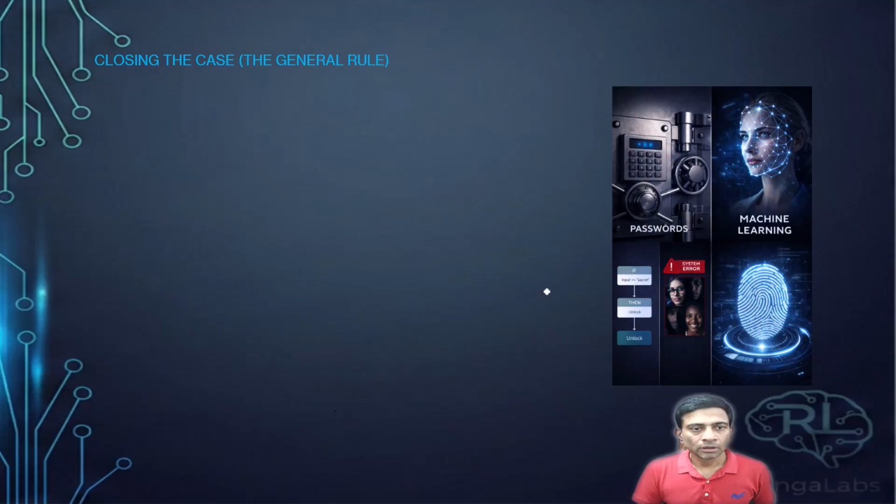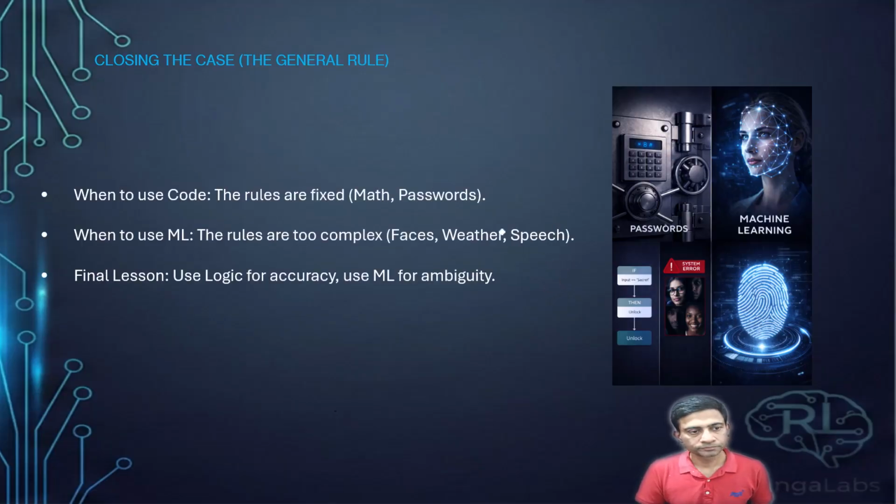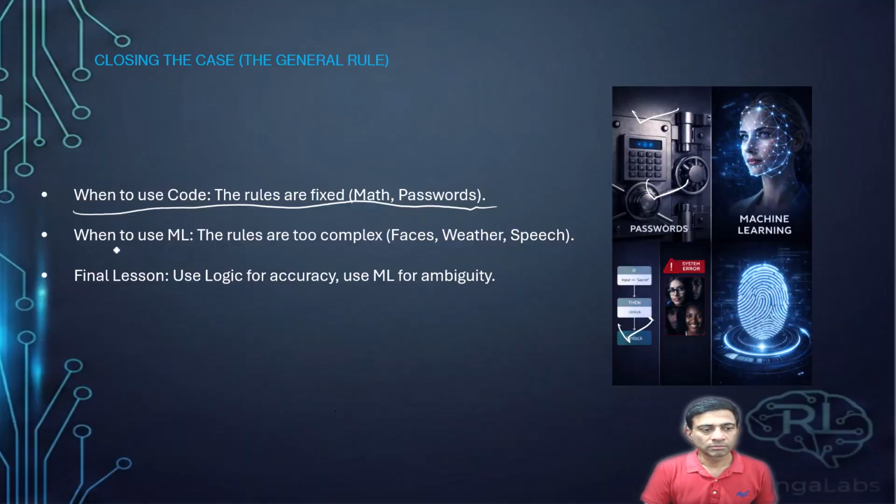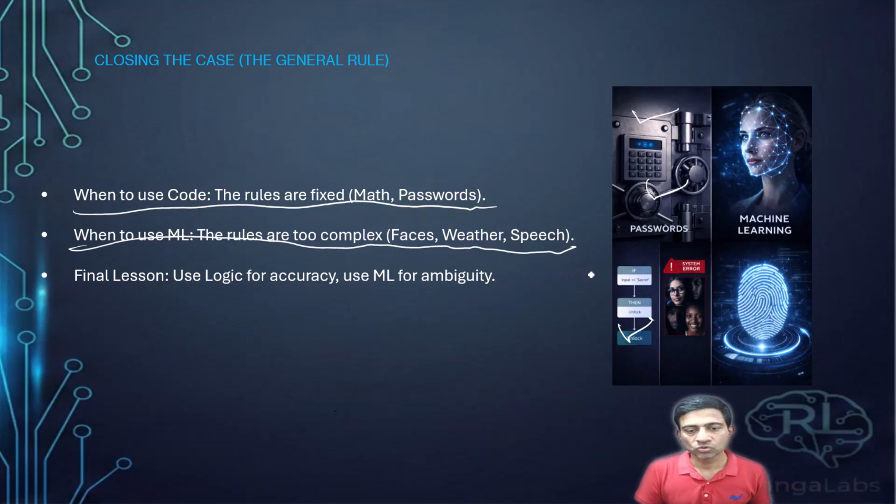So closing the case, the general rule: when to use code? When the rules are fixed, like math, password, etc. You go and use the password, this is correct. Okay, and here also this is correct. But in case of machine learning, the rules are too complex. Faces, weather, speech, audio also. If you want to find out the reason, then you have to use machine learning.